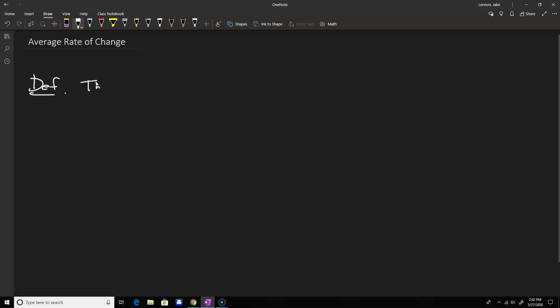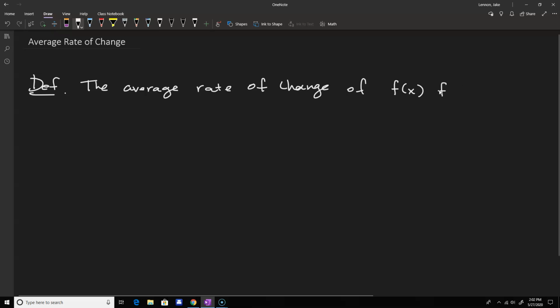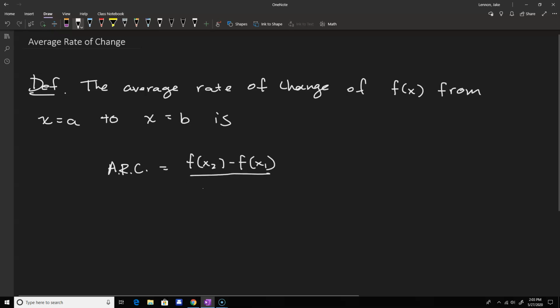So the average rate of change of a function, and you need 2 points, let's say from x equals a to x equals b, is, so I'll abbreviate it just by ARC, and it is f of x2 minus f of x1 divided by x2 minus x1.